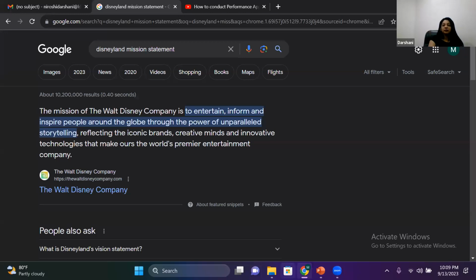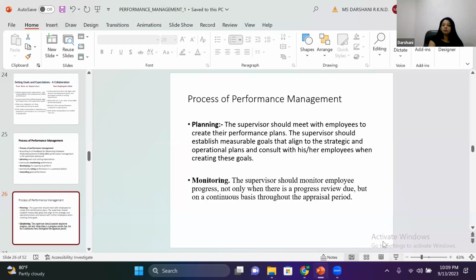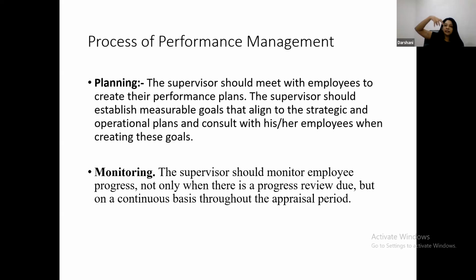So that is what it says. Now whatever you plan should be related to the strategic plan. Once you see the strategic goals, you need to develop the plan as per that. Here the supervisor is not deciding the strategic plan. The strategic plan is designed by the top management.